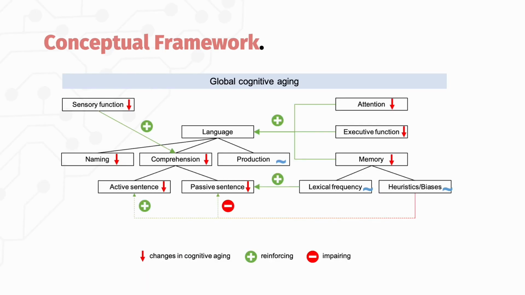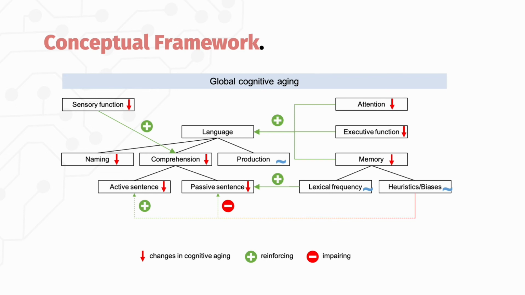This slide illustrates the conceptual framework showing the details of global cognitive aging and focusing on the language domain, which is associated with attention, executive function, and memory. The domain of language is also impaired by sensory function in terms of language comprehension.